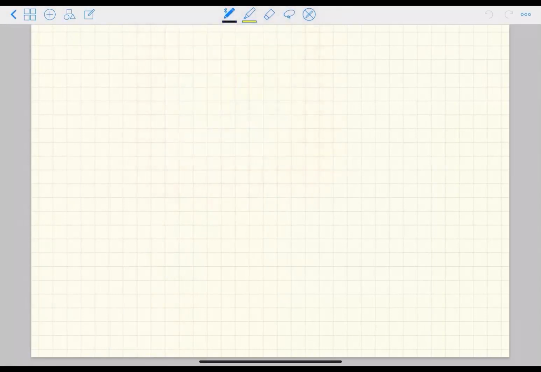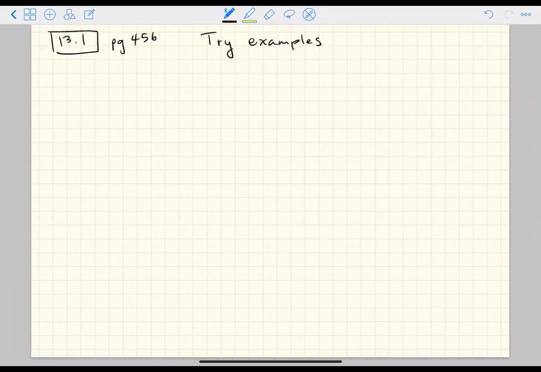Okay, so I'm going to add a page here and try 13.1. So this is not the example problems that are worked out in the chapter itself. This is at the end of the chapter on page 456. What I would suggest you do is try examples. These are the examples that are in the chapter. I'd like you to try 13.1 and 13.4.